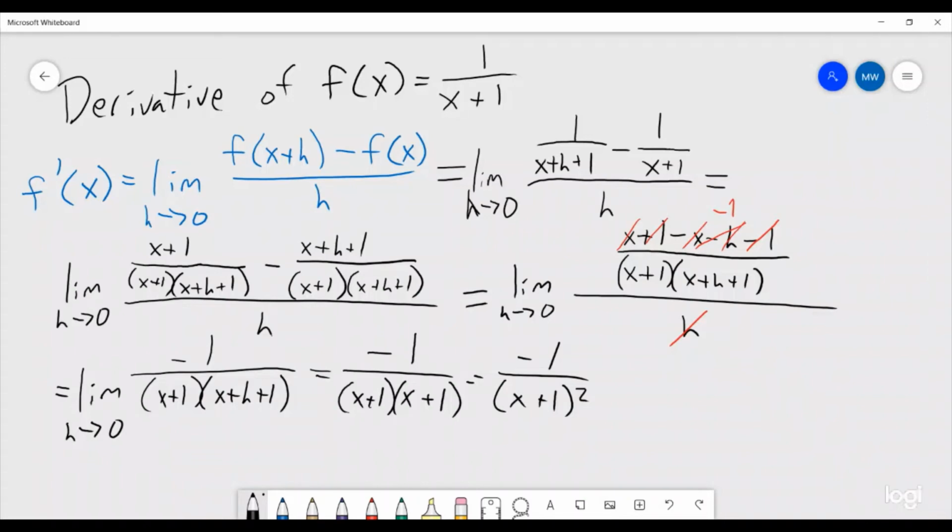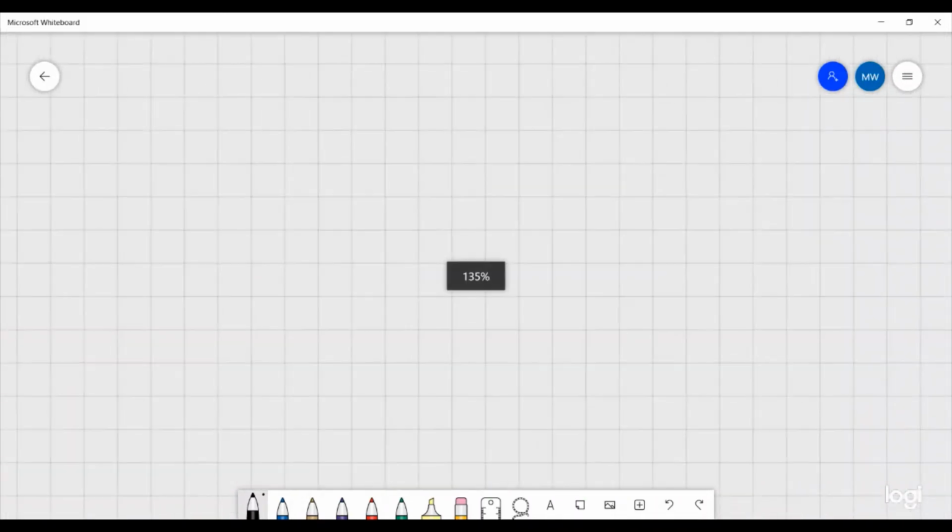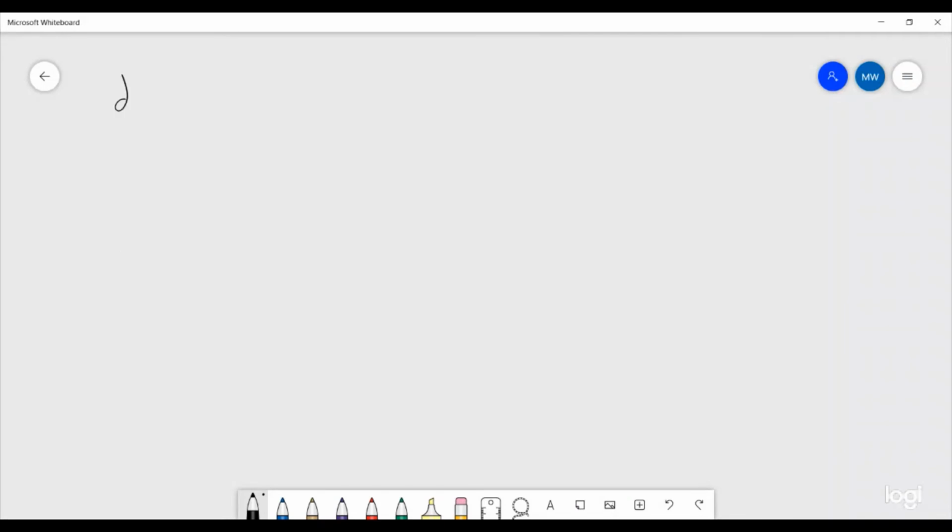Other times you can use the nice properties that you've proven. So to recap some of those properties, we have the derivative of x raised to the nth power. That's going to be n x to the n minus 1. The derivative of e to the x is just going to be e to the x.